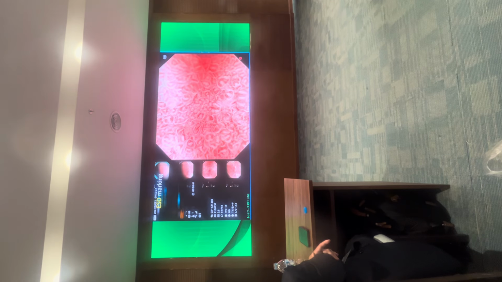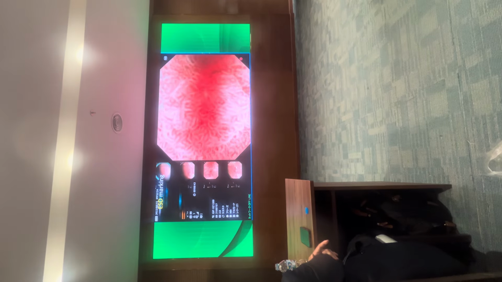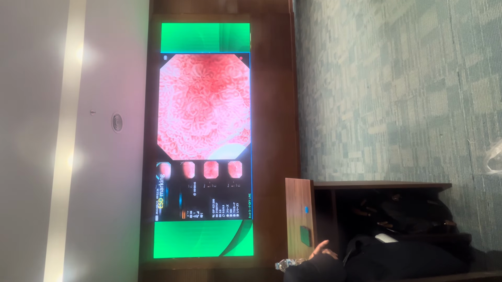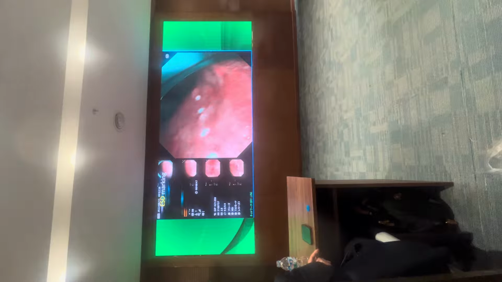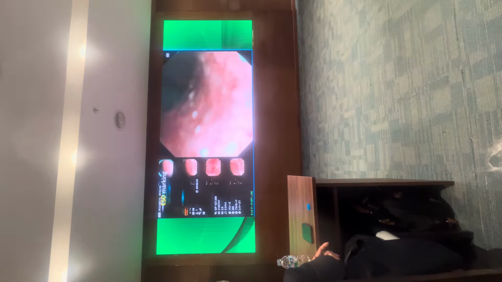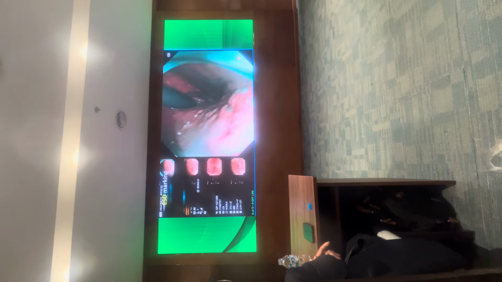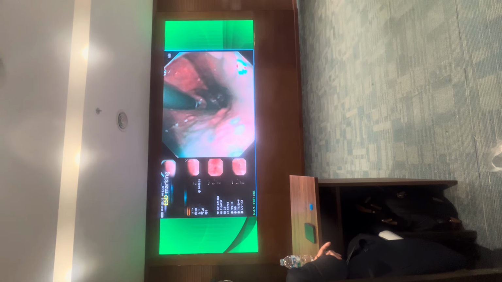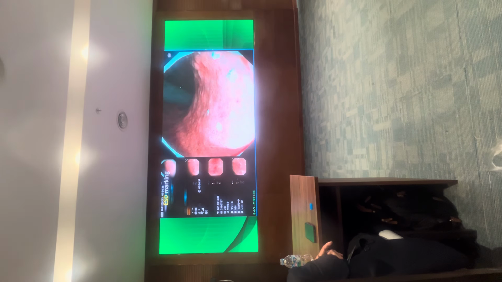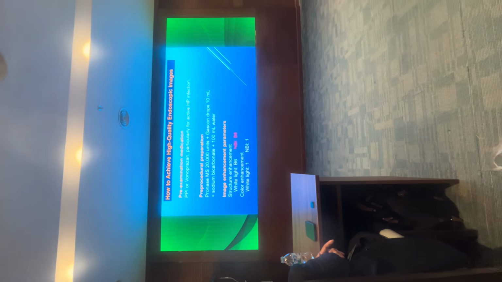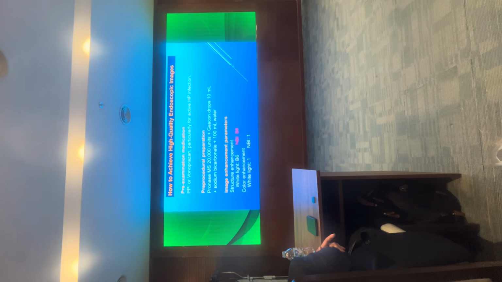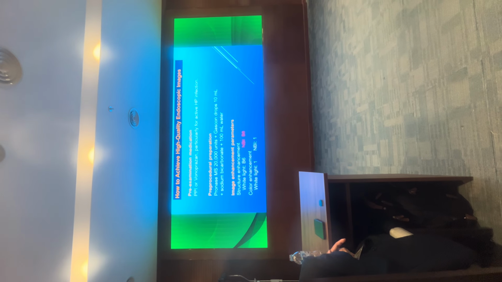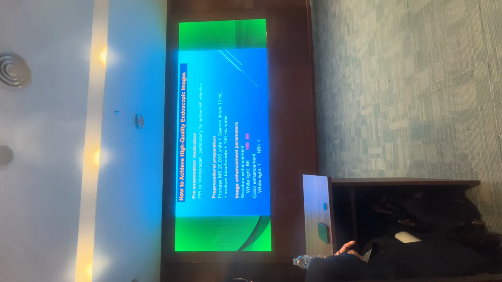I could mark this region very precisely, like this. And I will explain how to achieve a high quality image.